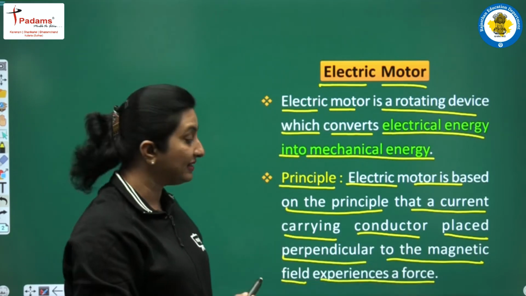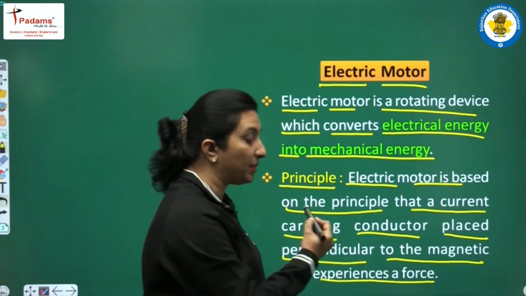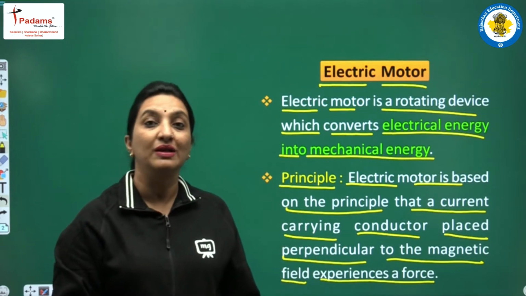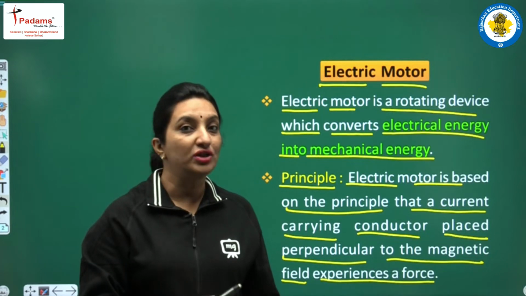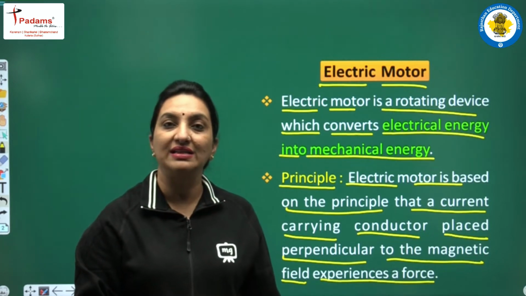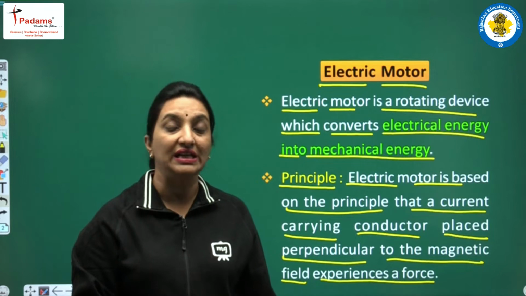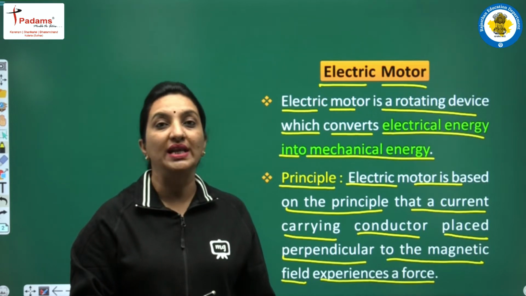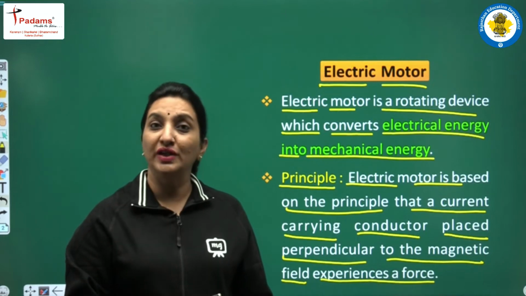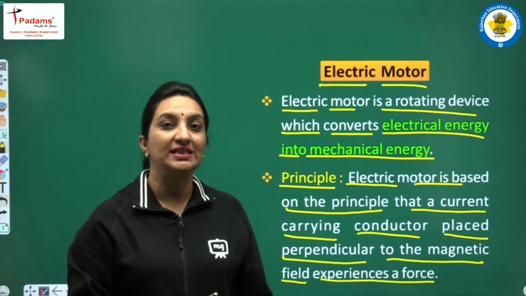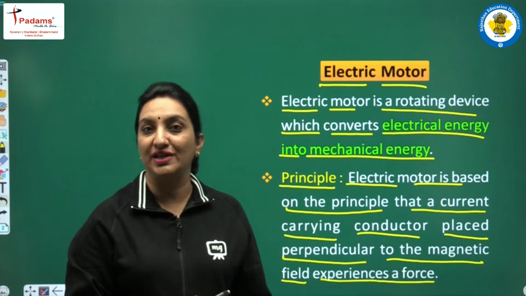Now students, here we have used the word perpendicular to the magnetic field because in our previous video we have already studied that the force experienced by a current carrying conductor placed in a magnetic field is maximum when it is placed perpendicular to the magnetic field. So we will use this concept here to understand the working of electric motor.